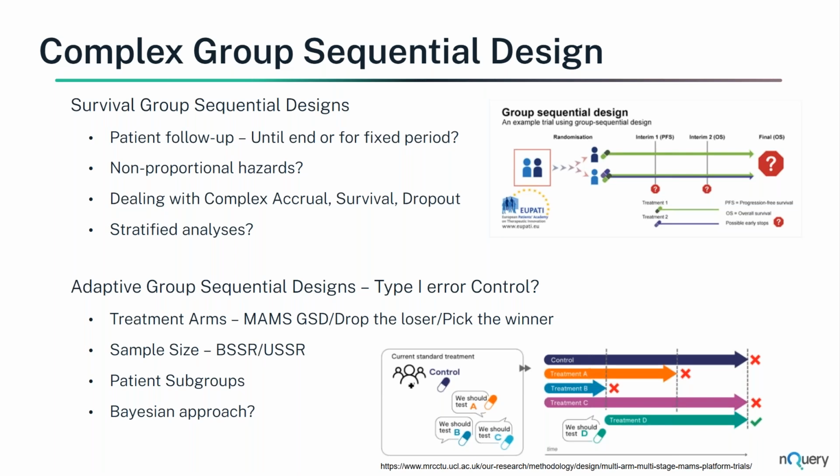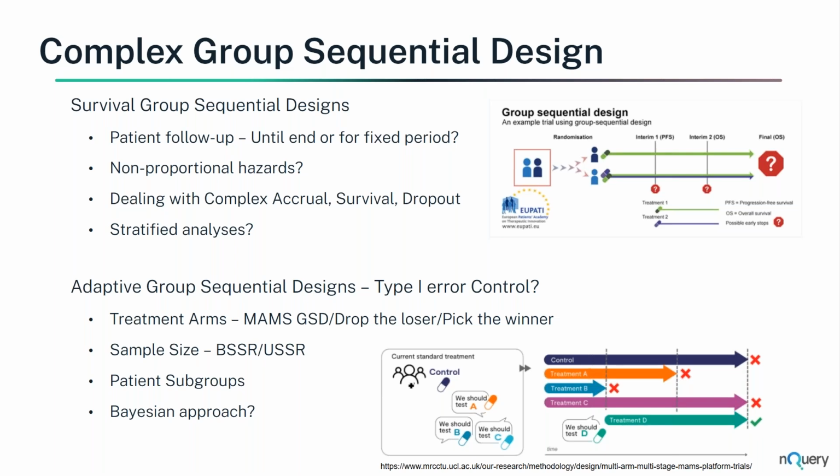Is there a fixed observation period for patients, as we saw in the last example, where they're monitored for a minimum period, or is it until the end of the study? These will affect when your interim analysis occurs. As in the group sequential design framework, the interim analyses are dependent on the amount of statistical information available. So you'll be basing it off how many events you have at a certain stage.